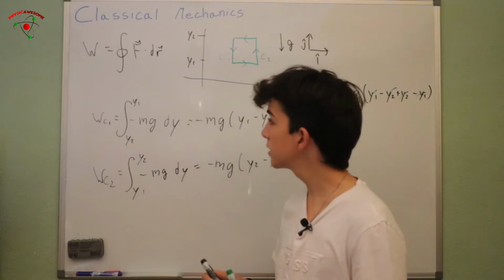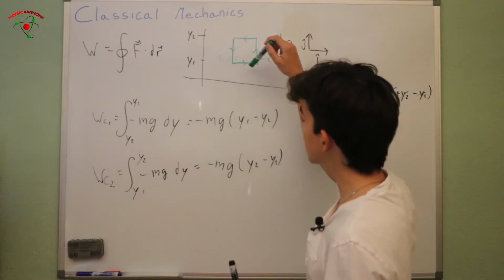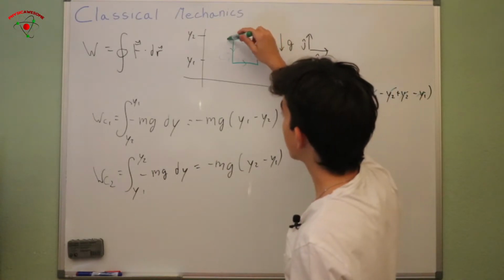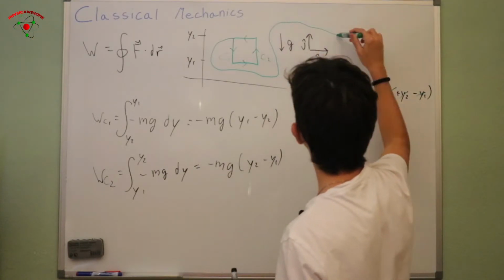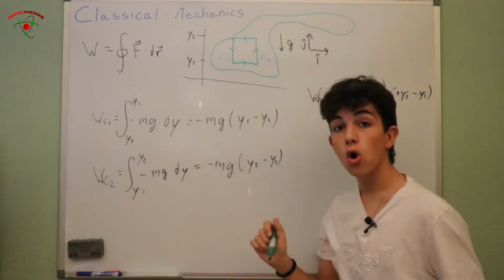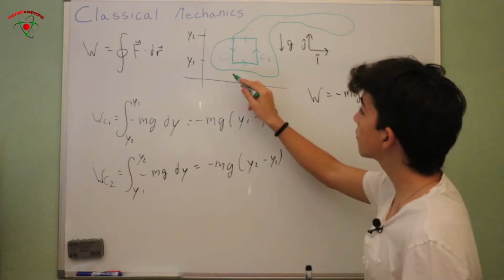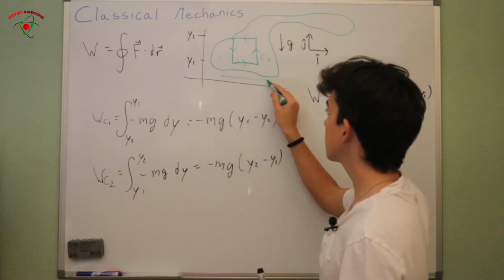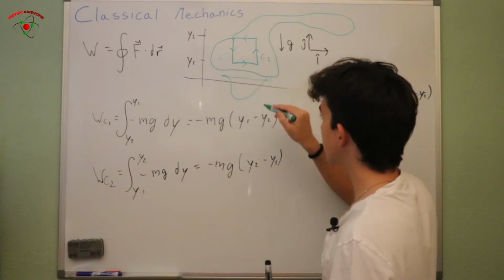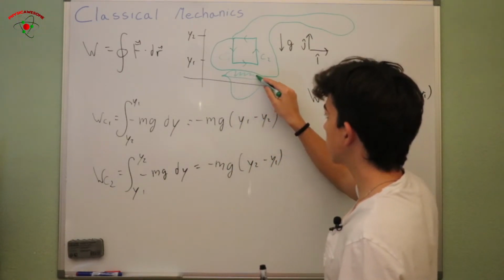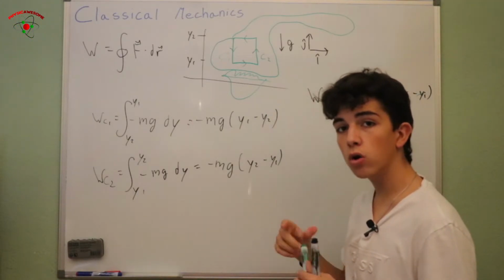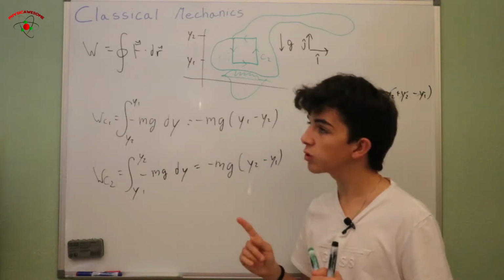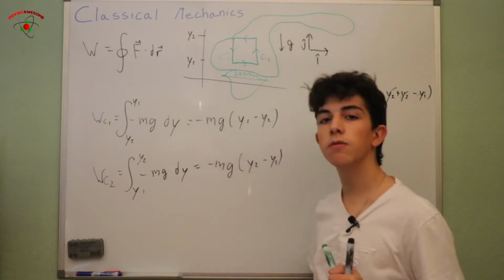That means that going around this trajectory is the same thing as going around this trajectory over here. Or, for example, going from this point to this point can be done through this trajectory or this trajectory or this trajectory, because work is going to be path independent when we are dealing with conservative forces.